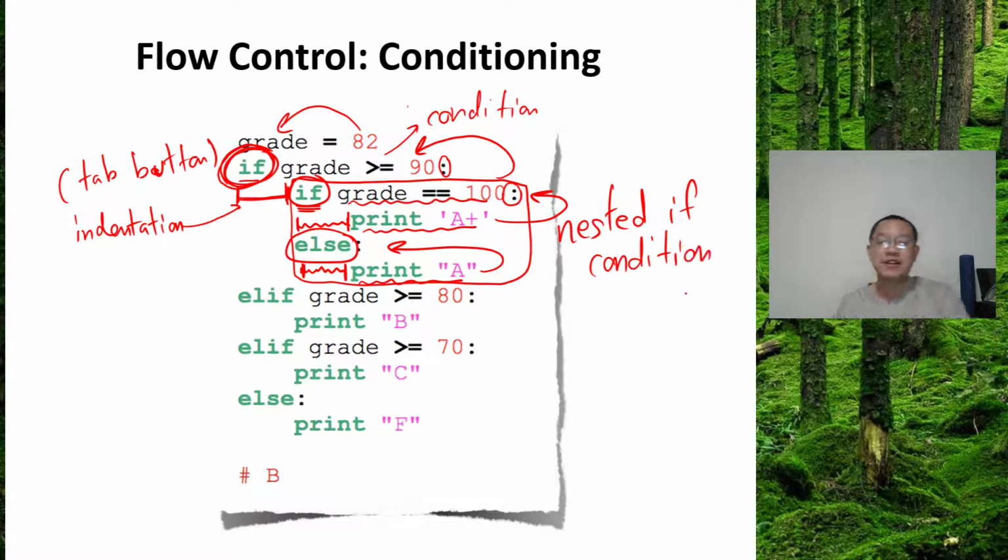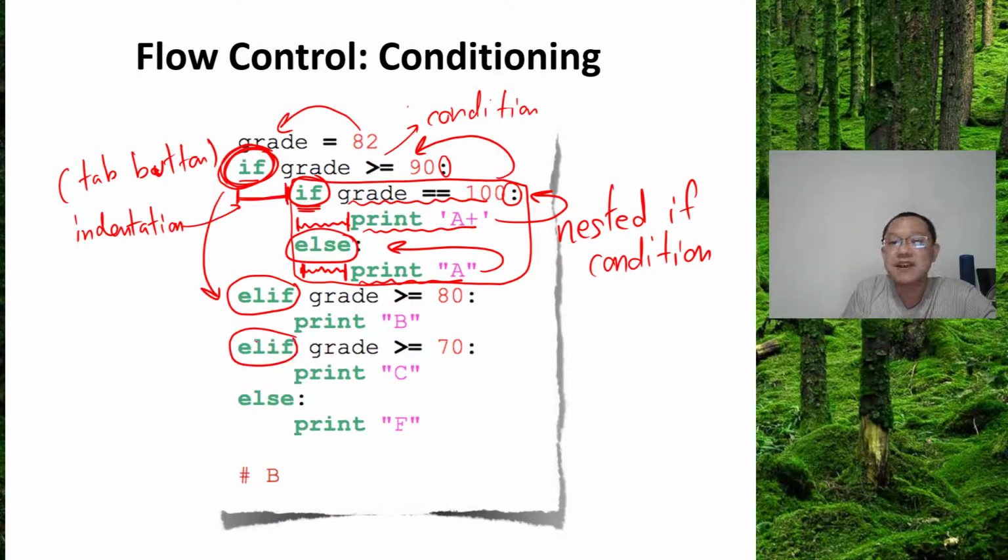So this is the first condition. If the grade is greater than or equal to 90, there will be two more conditions to check. But if the grade is less than 90, it will jump to the second condition, checked using else if. For the second condition, the grade is greater than or equal to 80.